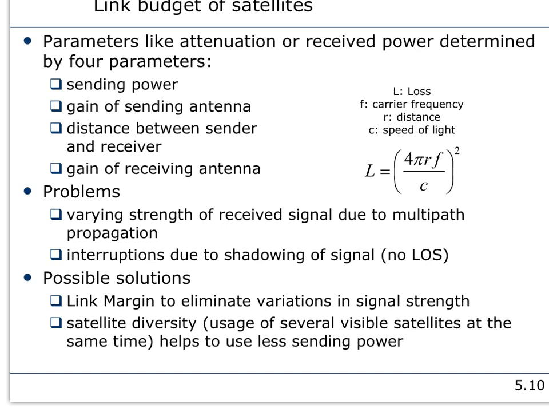What we are trying to say here is that this loss is proportional to the square of the carrier frequency. So as the carrier frequency goes high, this loss becomes more. And how do you compensate for this loss? You compensate through some link margin. For example, in order to have communication, you need transmission power of around 1 watt.